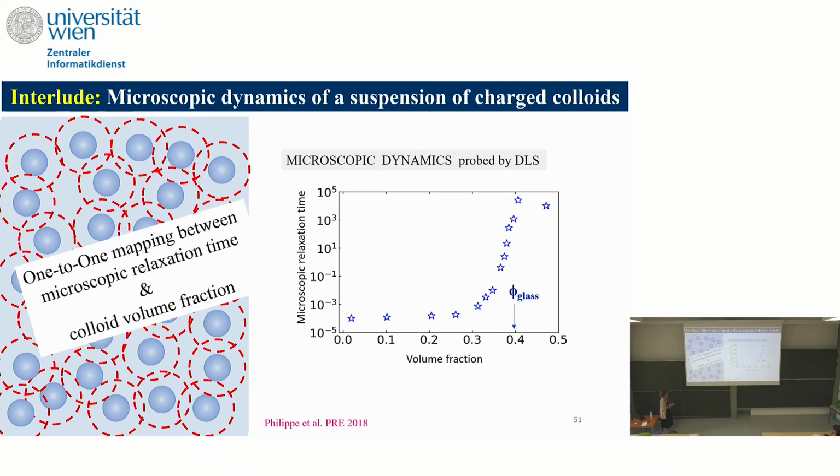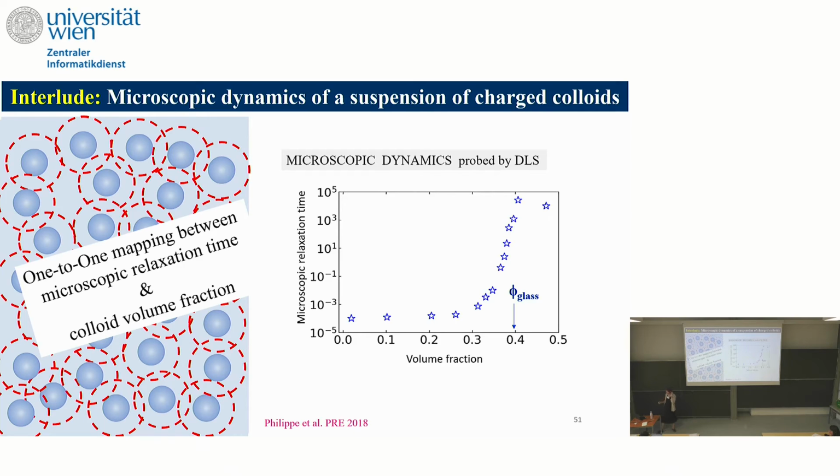Basically, what this shows is that in the dilute regime, you're not sensitive to the volume fraction. But if you are in this regime, you are extremely sensitive to the volume fraction, which means that you can have a mapping between the microscopic relaxation time that you measure and the volume fraction of your sample.